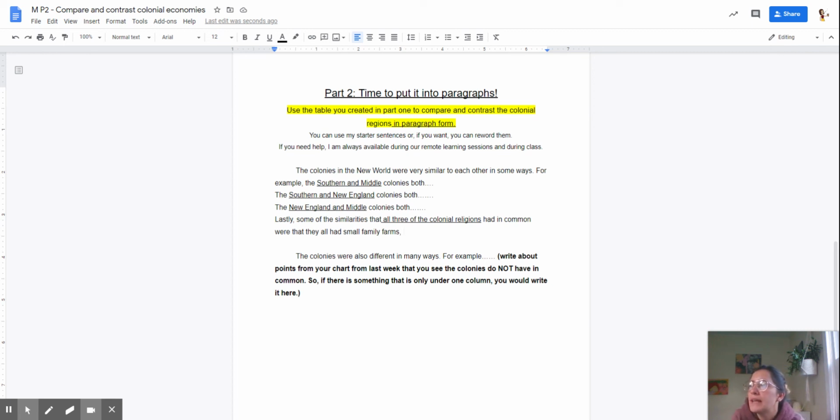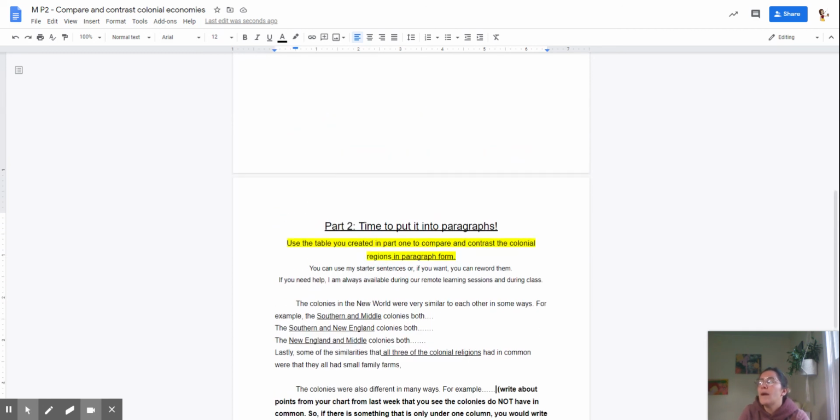Right? So an example I would give you is the colonies were also different in many ways. For example, in the New England colonies, their economy was not centered around farming. Right? Remember, they didn't farm very much in the New England colonies. That was something that was very different about the New England colonies, right, compared to the other two.